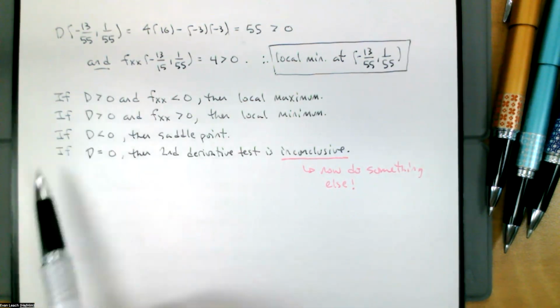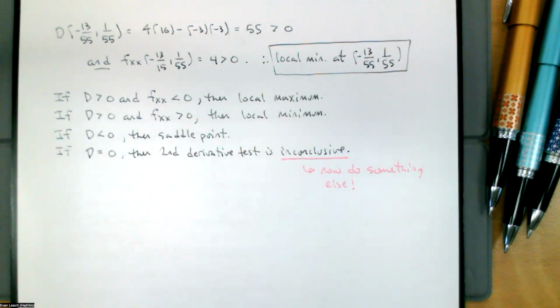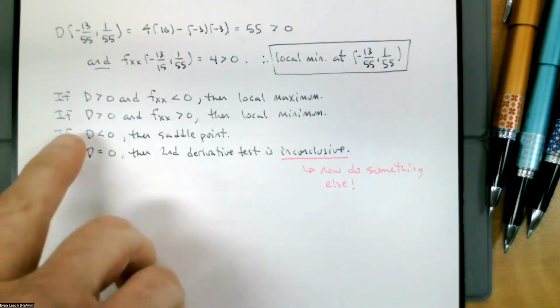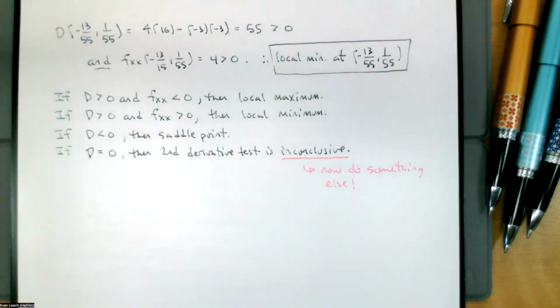So the D being positive means that the fxx will tell you the concavity. Essentially, we could use that fxx as our concavity test. But that only happens if this determinant of the Hessian matrix comes back positive. So first part, that comes back positive. Now I could just look at that one second partial derivative, fxx.